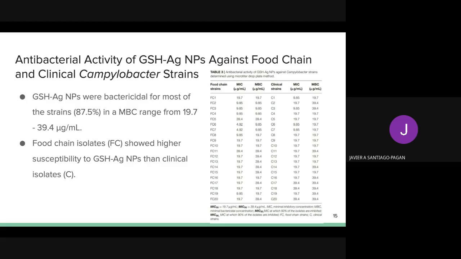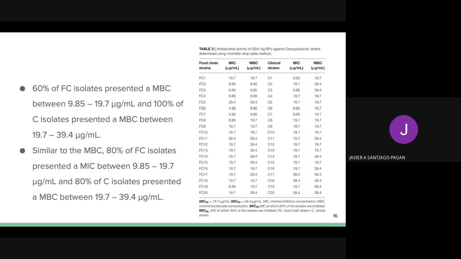And it's hypothesized that this is because clinical isolates are more resistant than food chain isolates. 60% of food chain isolates presented an MBC between 9.85 and 19.7 micrograms per milliliter, and 100% of clinical isolates presented an MBC between 19.7 and 39.4 micrograms per milliliter.